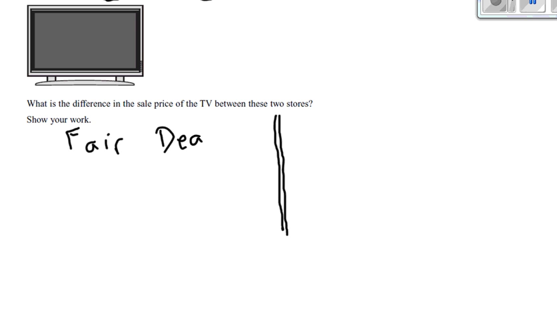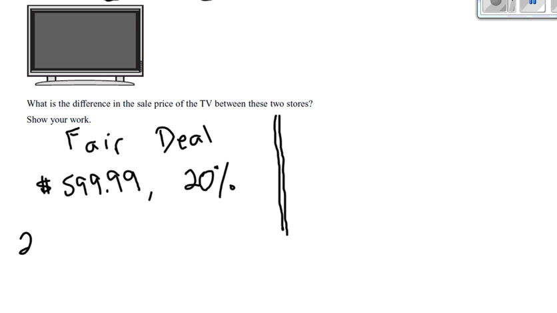Let's do fair deal first of all. At fair deal, we have $599.99, and it's 20% off. So what most people would probably do is, logically, calculate 20% of $599.99.